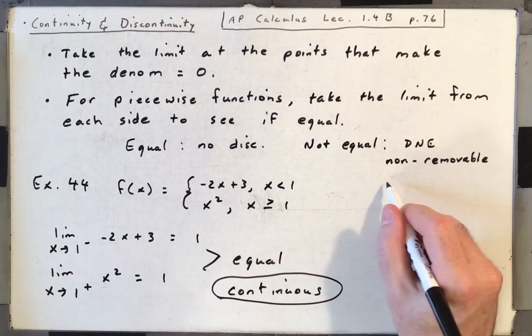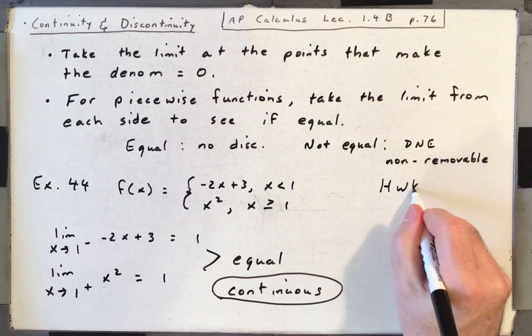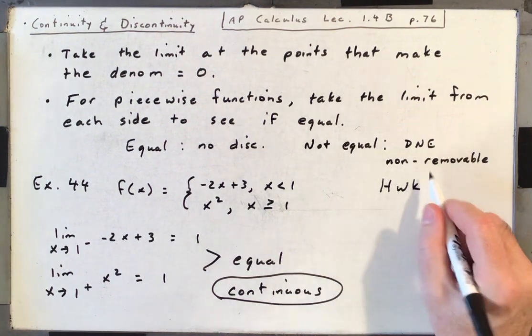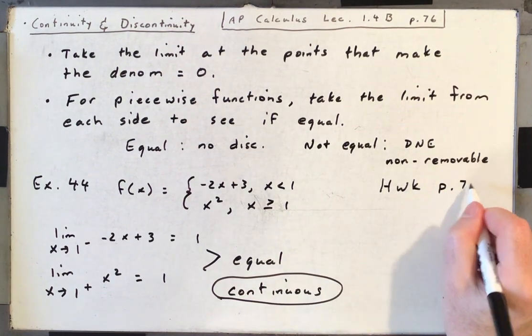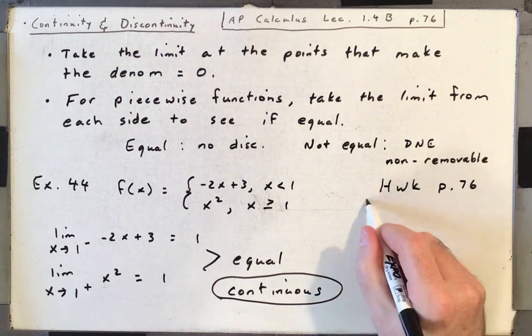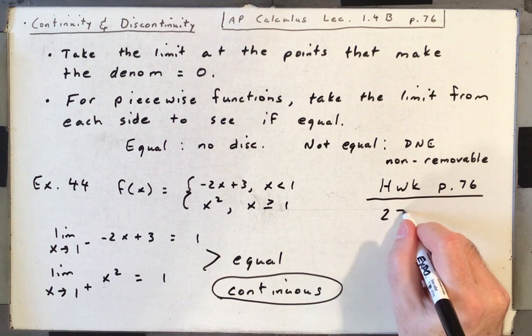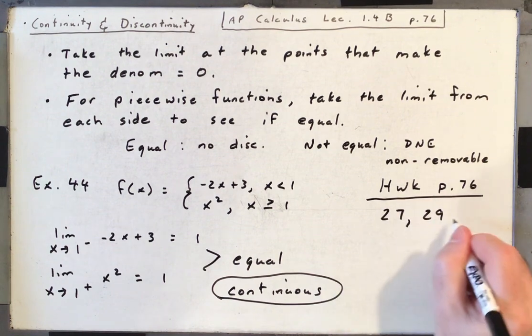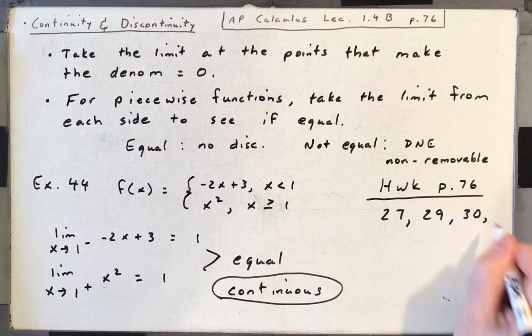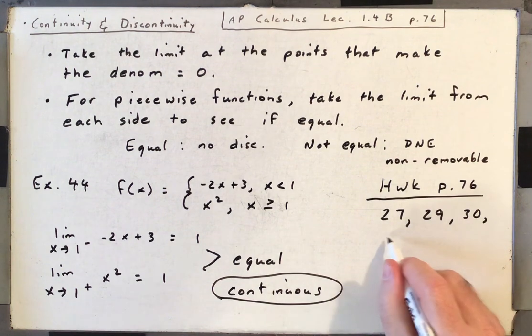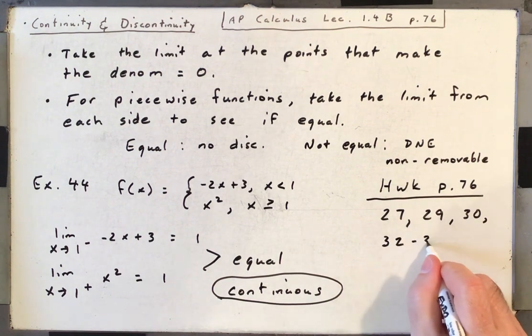Okay, the homework. We start on page 76. It goes into 77 just a little bit. So the homework is 27, 29, 30, 32 through 37.